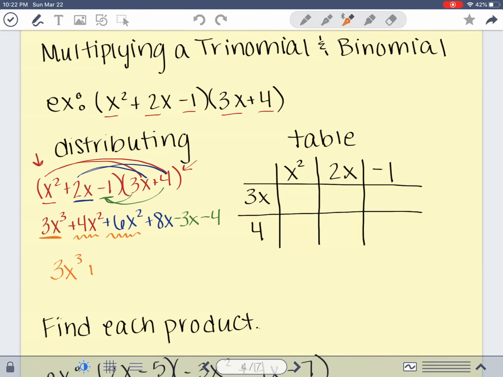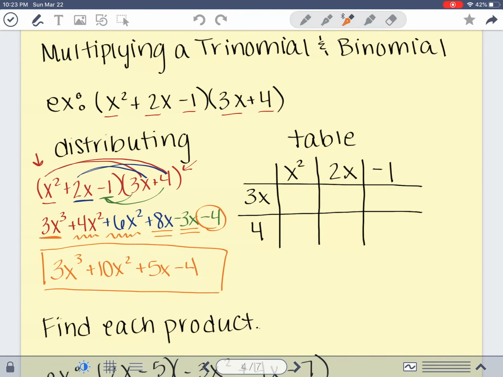Okay, so from here, I get 10x squared. When I come to my 8x, I've also got a negative 3x, which gives me 5x. And then I've only got one constant, which is that negative 4. So I have a final answer of 3x cubed plus 10x squared plus 5x minus 4.